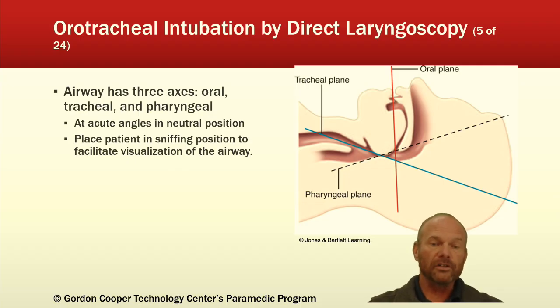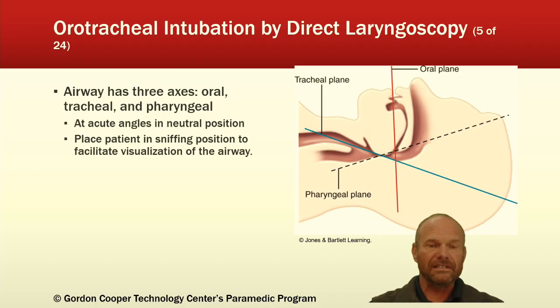So the first thing you want to do is make sure you are aligning the axes as much as possible. That's going to make your intubation much easier. How do you do that? Position them in the sniffing position: neck flexed slightly forward, head extended back. That helps create more of a straight path, as well as improving your visibility of the airway structures during laryngoscopy.